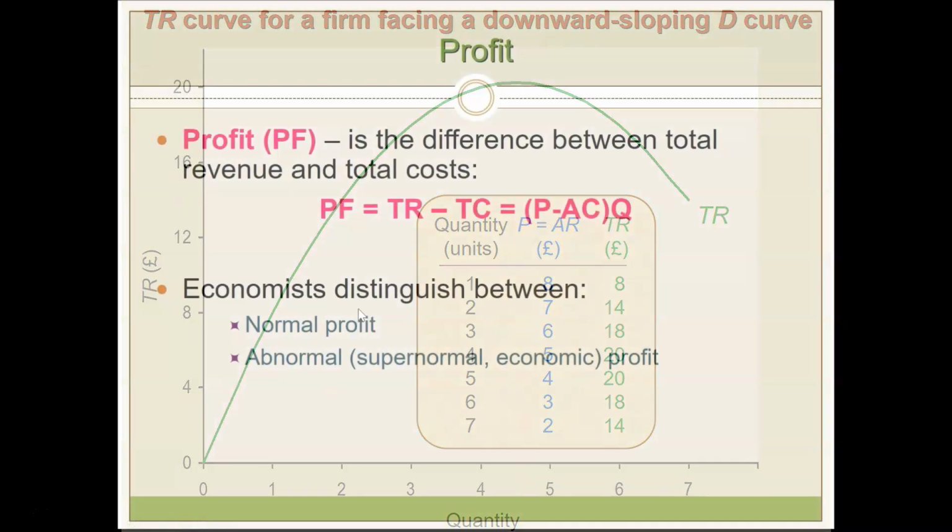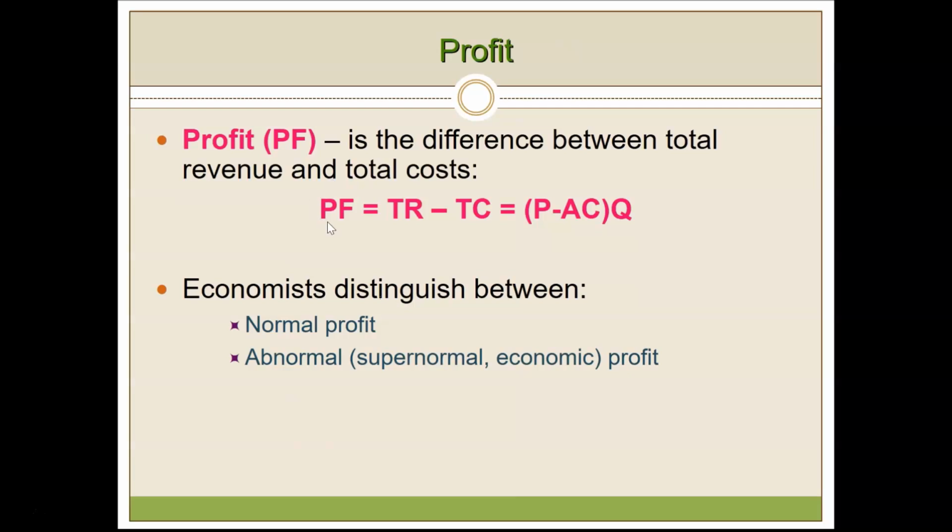We've also learned the formula for profit. We've learned that profit is the difference between total revenue and total costs. So using totals, you can calculate profit as simply the difference between these two. And this was our first method of finding the profit on a graph, by comparing total revenue and total cost curves.